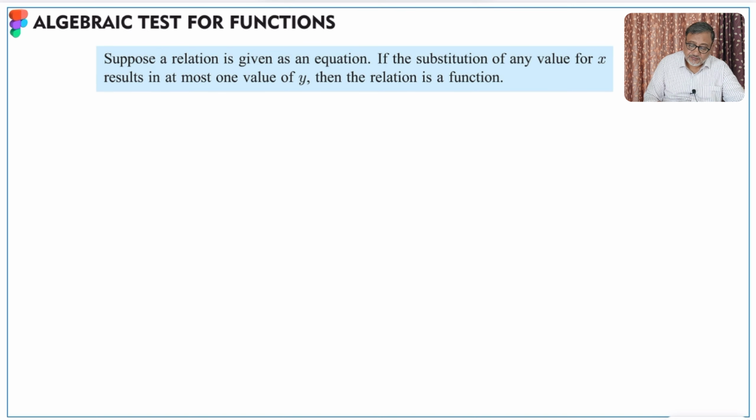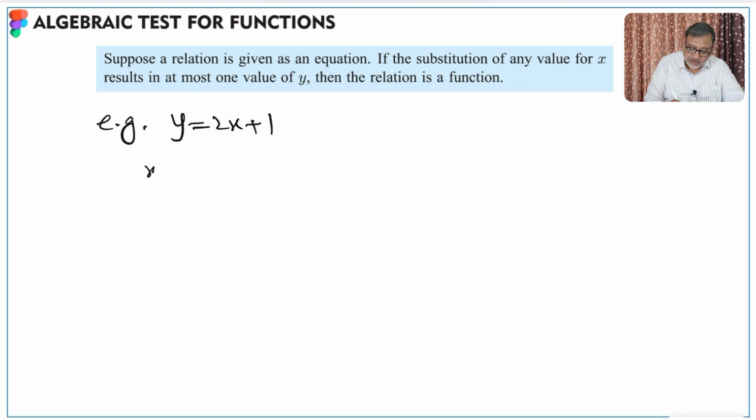Algebraic test for function. What is the algebraic test for function? Suppose a relation is given as an equation. If the substitution of any value of x results in at most one value of y, then this relation is a function. See, I will give you an example of it. For example, y is equal to 2x plus 1. Now any value of x will give me one answer.